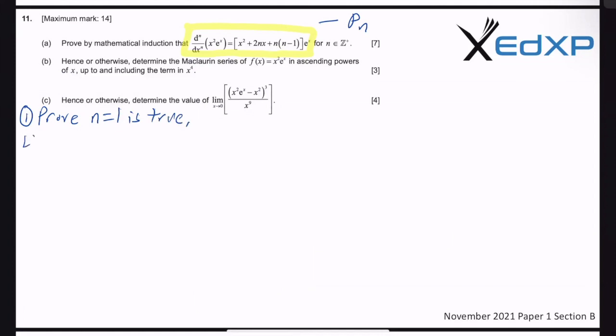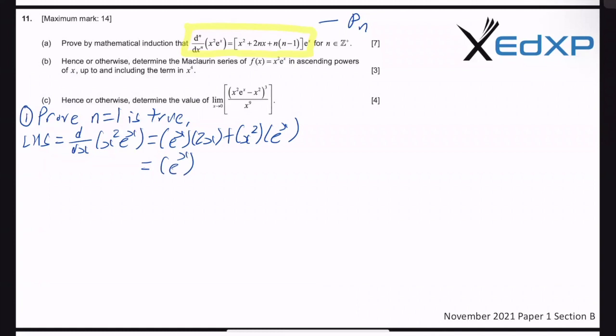So the left-hand side, when n is 1, will be the differential of x squared e^x. We can do a simple product rule here, so we have v u prime plus u v prime. This will give us, I can factorize, e^x times 2x plus x squared.